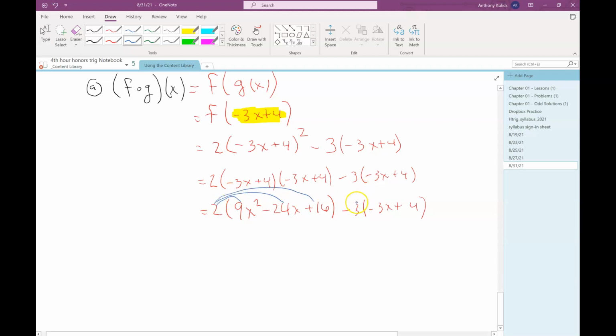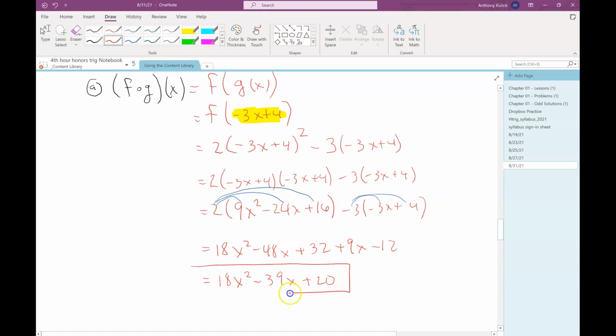So I can distribute the 2 through and the negative 3 through. And then I can just combine the remaining like terms. And that would be my final answer.